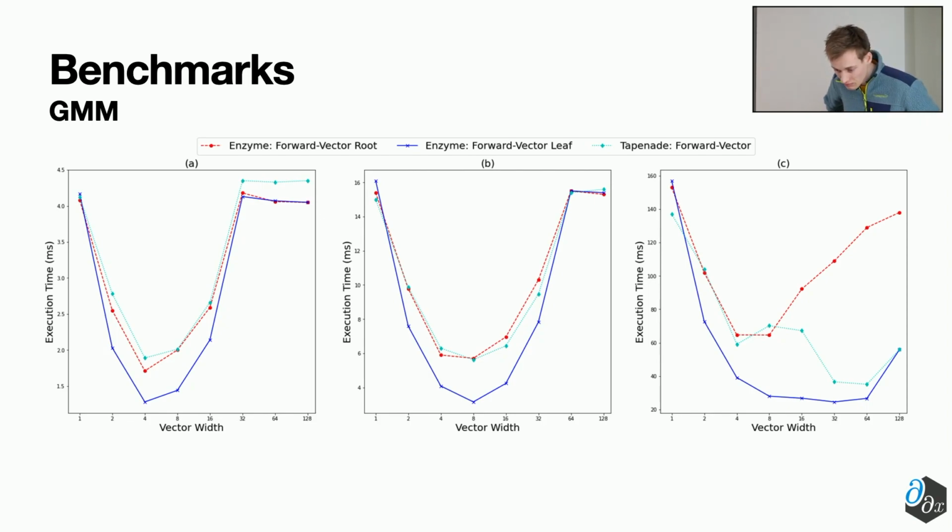The red one is just the forward vector mode, vectorized at the root node. The purple one is vectorized at the leaf node. And the green one is Tapenade for reference.